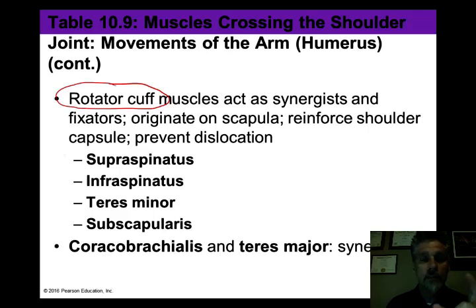Those are supraspinatus, above the spine, infraspinatus, below the spine, teres minor, which blends with infraspinatus, and then subscapularis on the other side. They all help to keep that head of the humerus tight against the glenoid cavity.